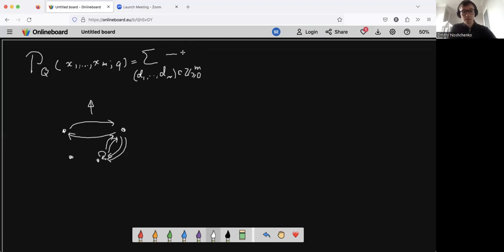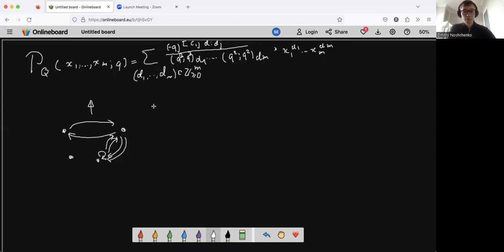And here we have minus q to the power of the sum of C_ij d_i d_j, so a quadratic form, and in the denominator we have a product of q-Pochhammer symbols, so we put q squared, from d1 up to dm. So this is what we have in the denominator, and all this is multiplied by the generating parameters, so x1 to the d1 up to xm to the dm.